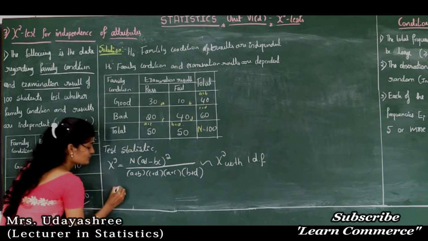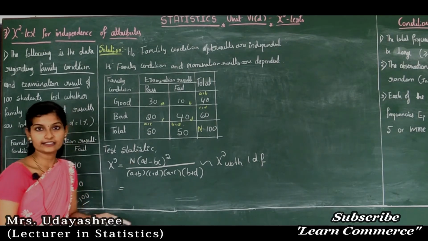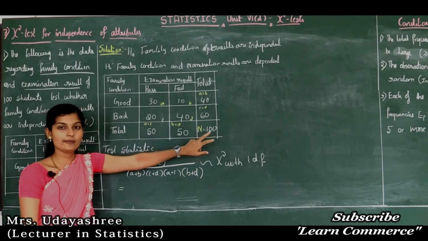Now I will substitute all the values. What is capital letter N in the given observation? Capital N is 100.